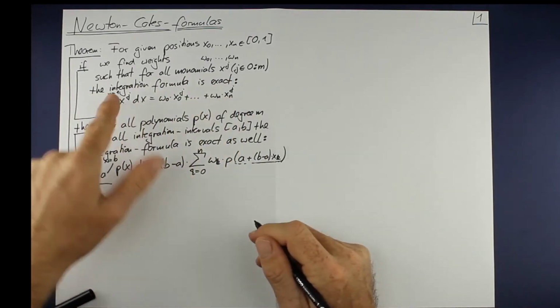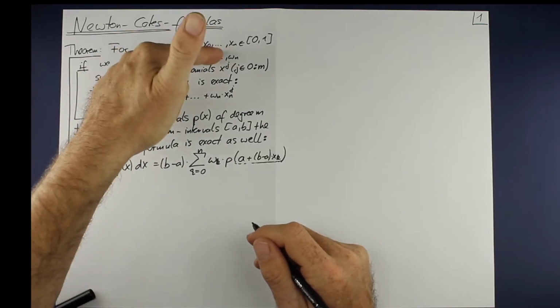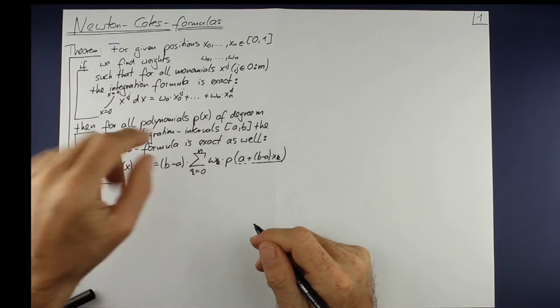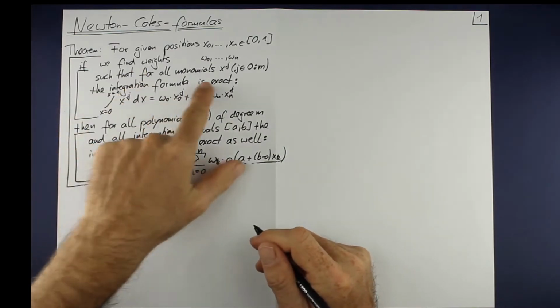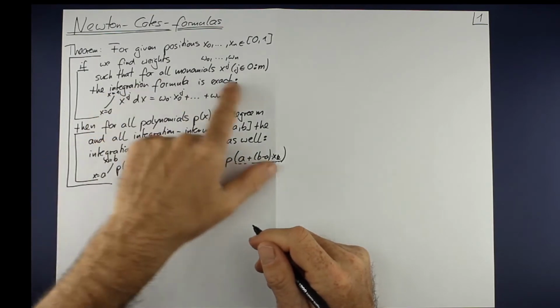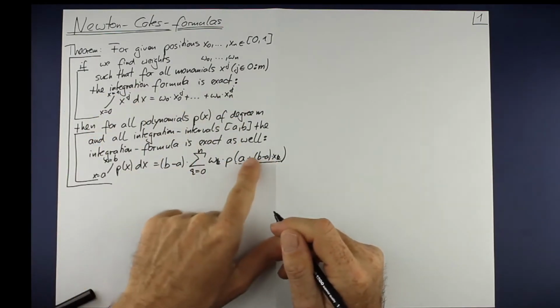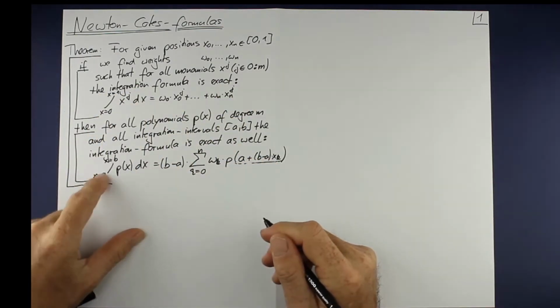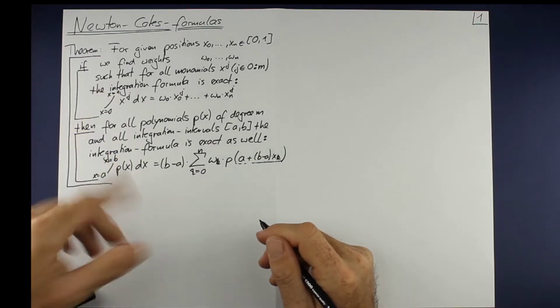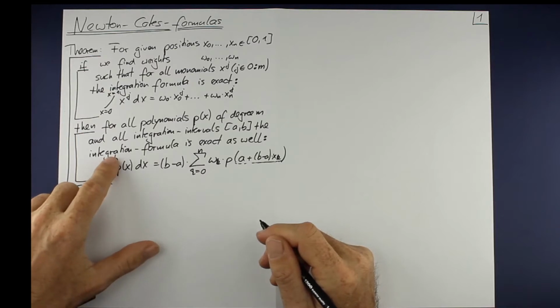If we have such weights, then we can apply the integration formula not only for these monomials, but for polynomials as well and for arbitrary intervals, not only 0, 1, but whichever a and whichever b.